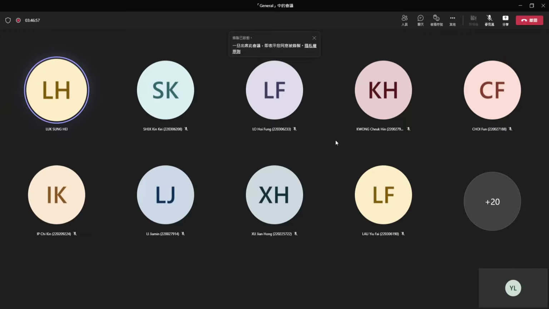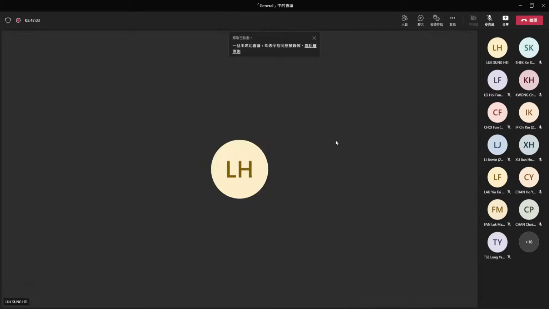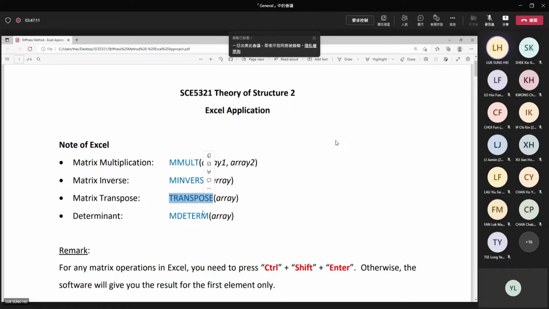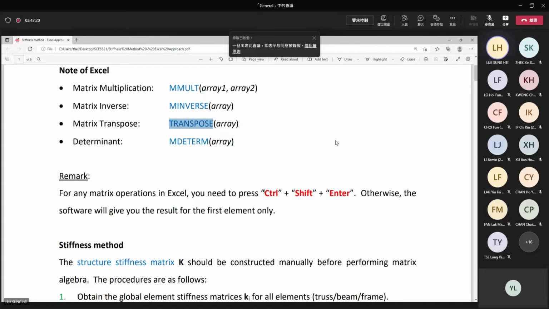The notes that I gave you, this one, involve those commands that I just mentioned, matrix inverse and matrix multiplication. Excel also helps you to evaluate transpose and determinant. If you need them, there are two commands for you to do so. Remember to press the 3 keys simultaneously.